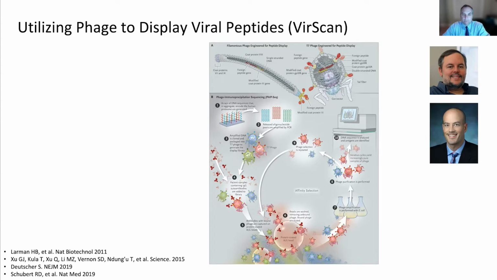Then those bacteriophage can be incubated with patient sample, in our case, spinal fluid, and then a number of immunoprecipitations can be done to pull out the bacteriophage displaying cognate antigens for the patient antibodies, and through sequencing those sequences can be identified, and you can assess for log fold change above background.